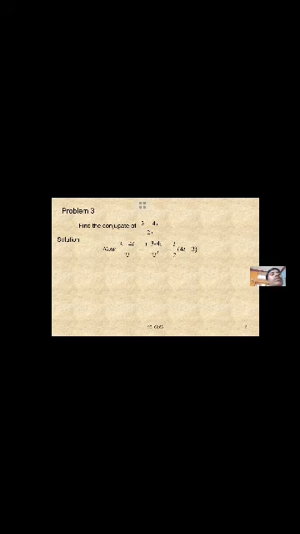Now 3 minus 4i by 2i equals... here the solution takes what is given, and in the denominator we have i. To remove that i, we multiply with i to the numerator and denominator. So there is no change if we multiply the numerator and denominator.